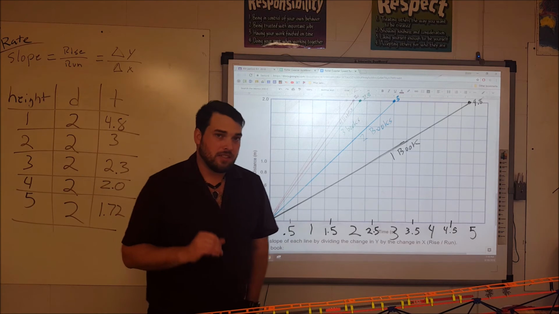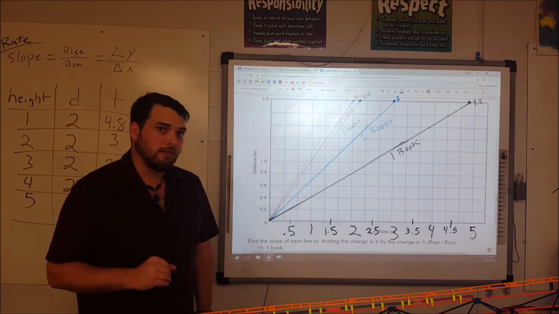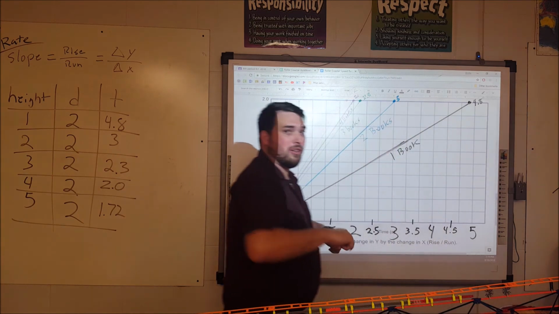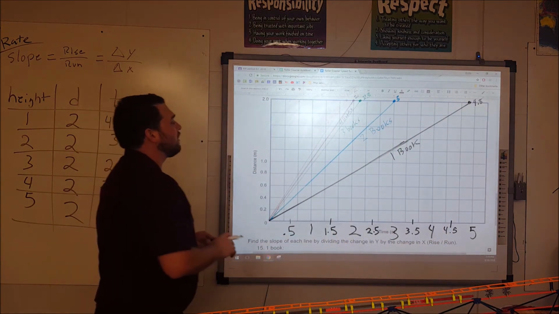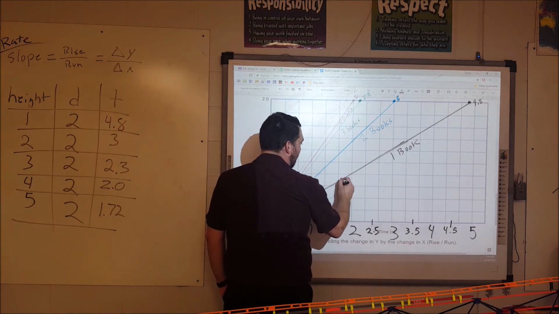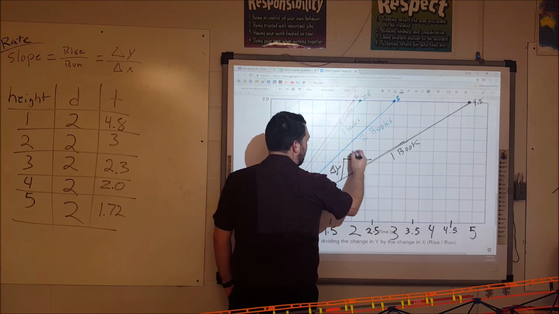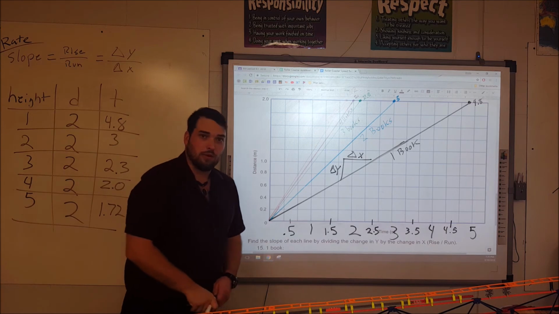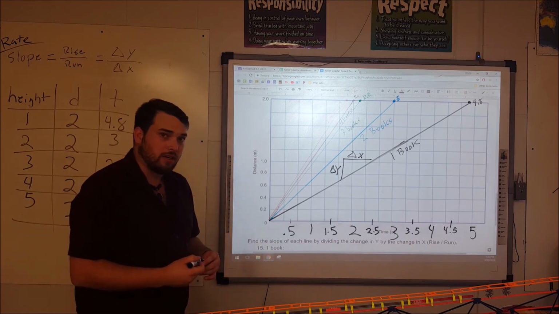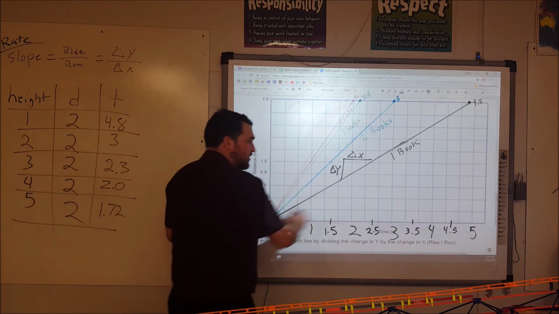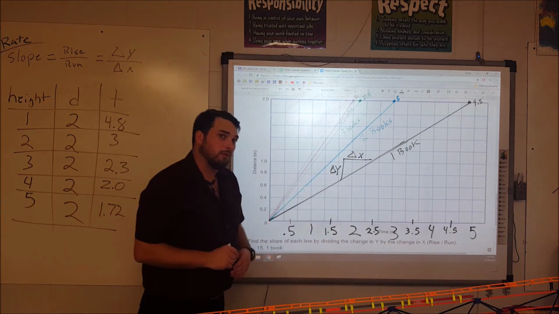What we need to do next is find the slope of each line. The slope, if you remember from your introductory algebra last year, is the change in y over the change in x. And we don't have to use the graph to do this. We know what the change in y every time is. It's 2 meters. And the change in x each time is the time that we recorded.